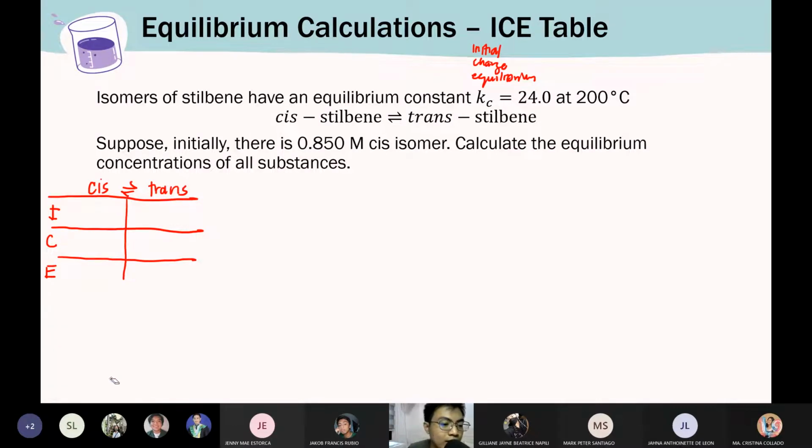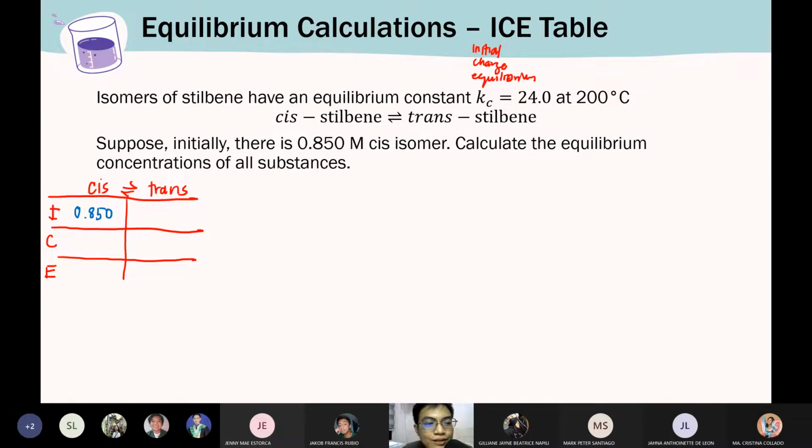Initial. Kung ano yung sinabi na concentration, you plug it into your table. According to the problem, yung cis isomer, it is 0.850. So, lagay ko dito, 0.850 molar. Paano po kapag hindi yan molarity? E di kunin mo yung molarity.